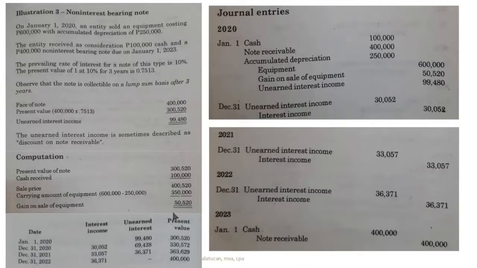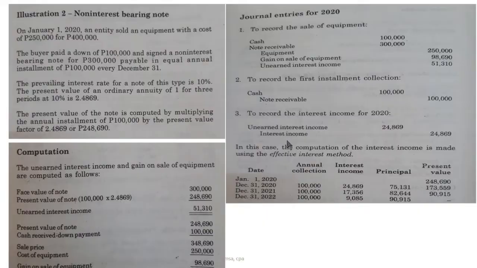So, December 31, what would be our entry? Again, we need to prepare the table for the effective interest method. So you will start with January 1. January 1 as the date. So that would be, again, a column for interest and then unearned interest and then present value. Observe that in our columns here, there is no column for collection, unlike the previous one which had a column for collection.